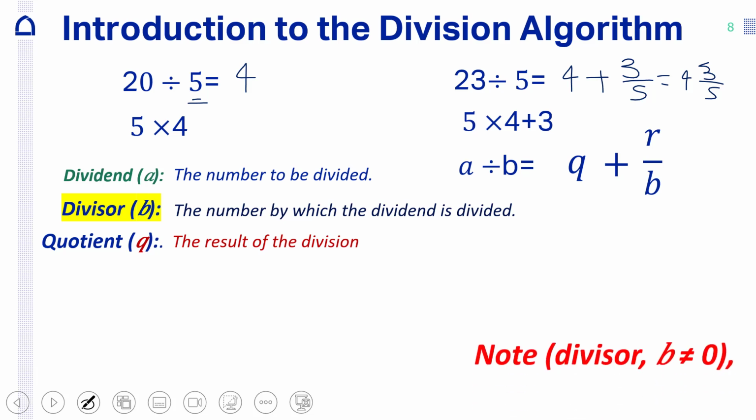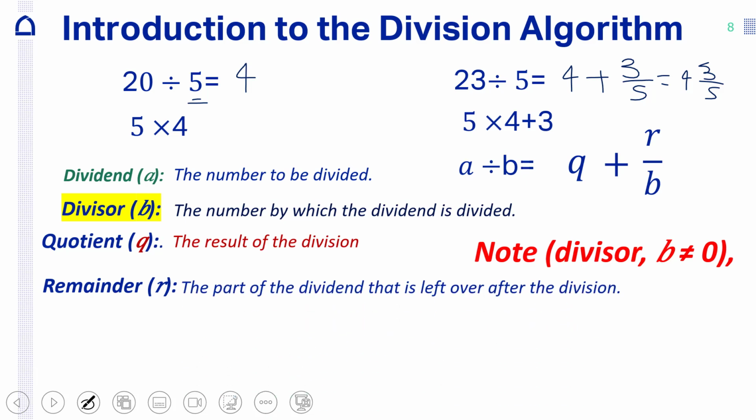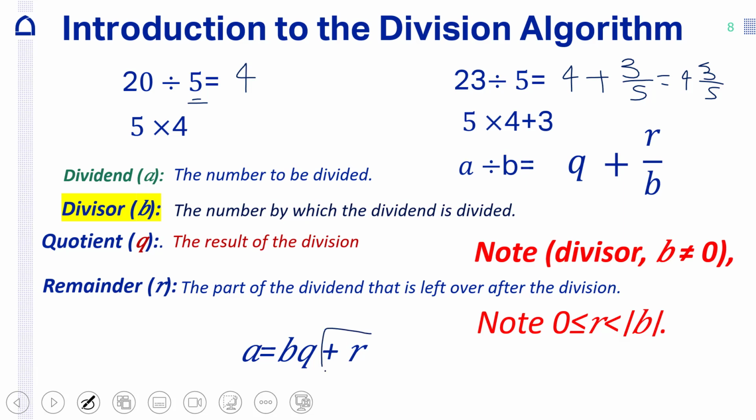If B is not a factor, you have a remainder. So be sure you are not going to divide by 0. And if you have a remainder R, in this case B is not a factor. Sometimes R is 0, when B is a factor of A. This is the formula of the division algorithm.